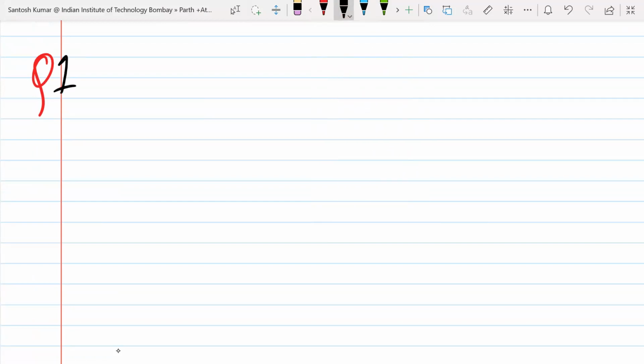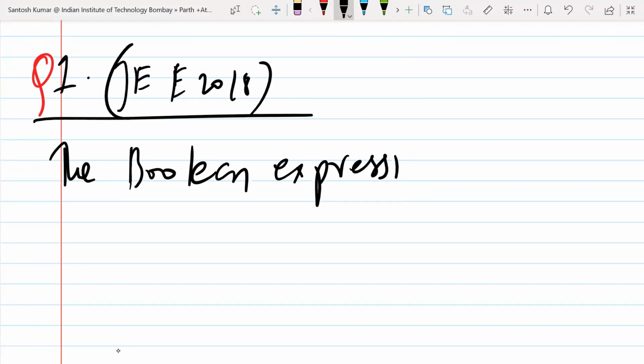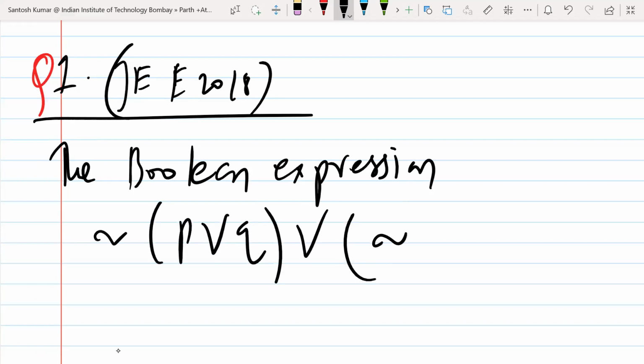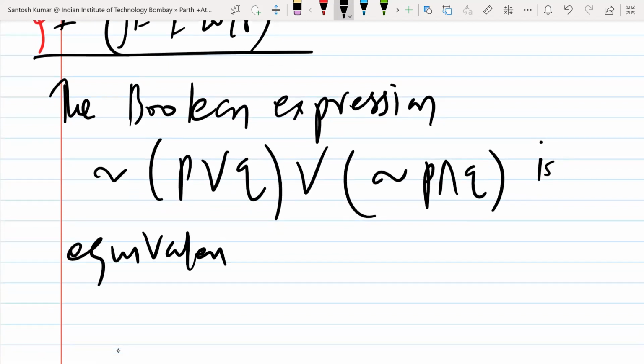So, first question, you write. This is from JEE Mains 2018. The question is: the Boolean expression negation of (P or Q) or (not P and Q) is equivalent to which of the four options.